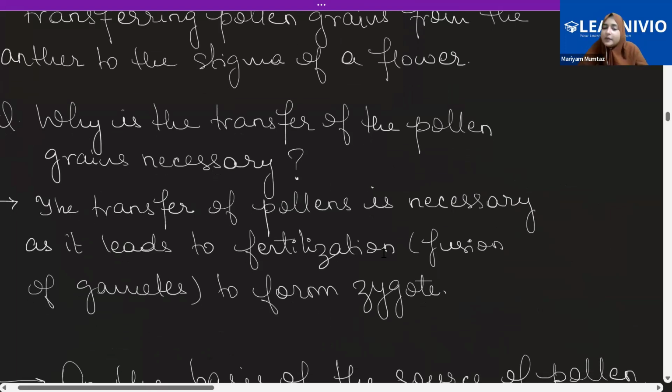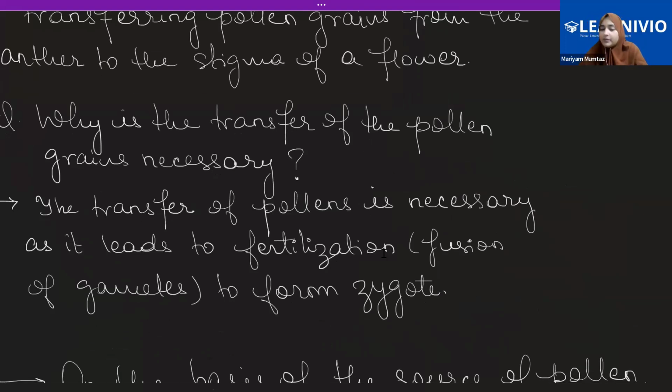The transfer of pollens is necessary because it leads to fertilization. If the pollen grains are not transferred, then the male gametes and the female gametes will not be able to meet each other. And if they are not able to physically meet each other, they will not be able to fuse to form a zygote. So this is why the transfer of pollen grain is very, very important.